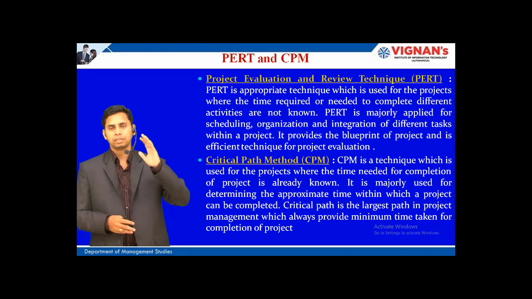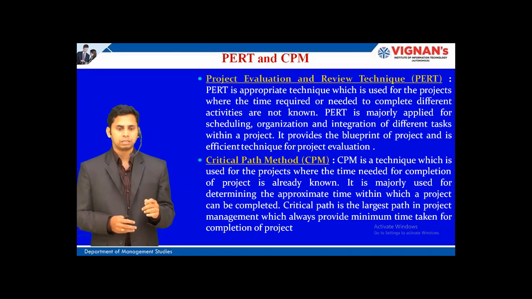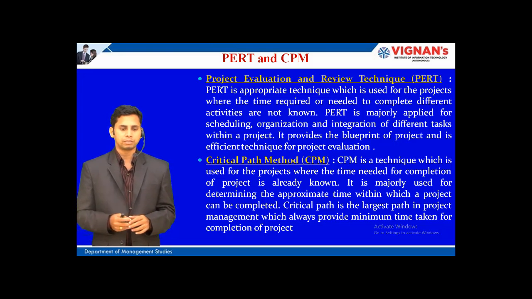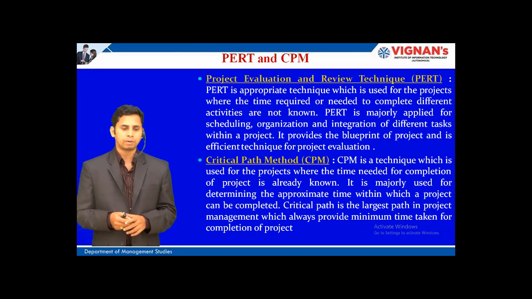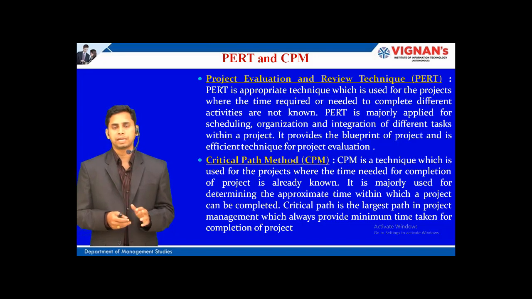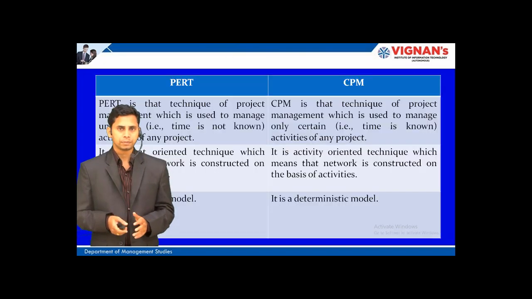So when the time required for completing different events of the project is known, then CPM is applied. It is majorly used for determining the approximate time within which the project can be completed. So mostly it is used for projects where the approximate completion time is known. The critical path is the longest path in the project network, which always provides the minimum time for the completion of the project. So that is CPM, the Critical Path Method.